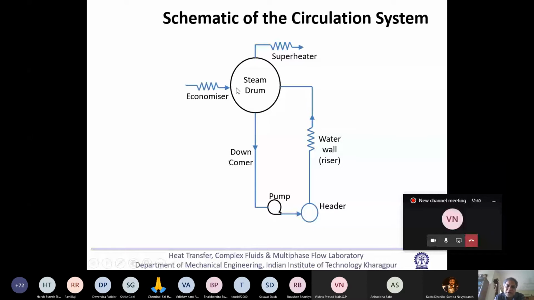In this steam drum, water and steam will get separated, and steam will come out of here, which is saturated only, then it has to go to the superheater. And the water, since there is a pump, will be drawn through this. This is called a downcomer, and this is called a riser. Water wall riser, those words I have written here. So continuously this circulation will go on.